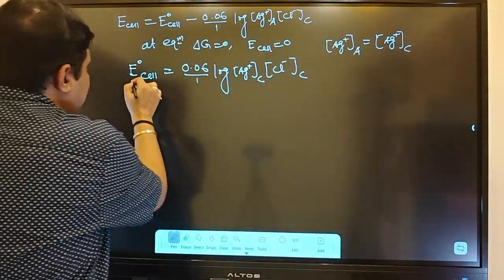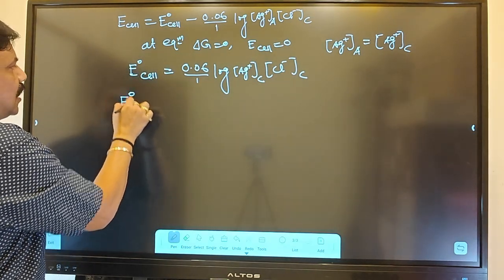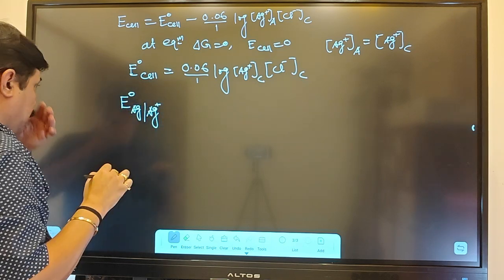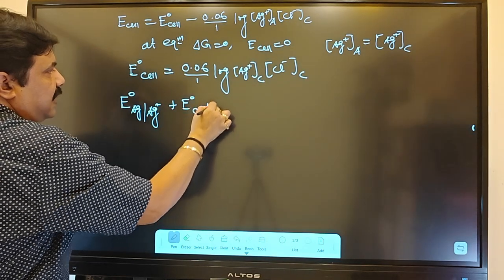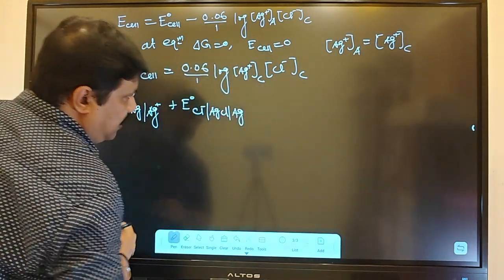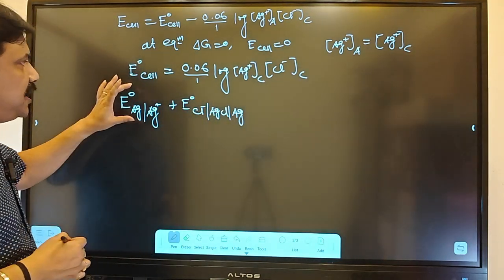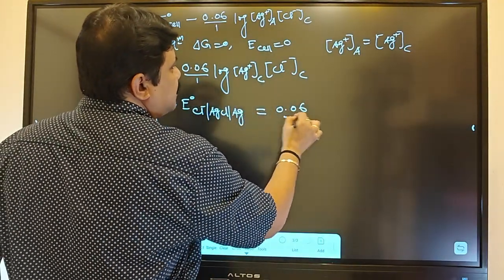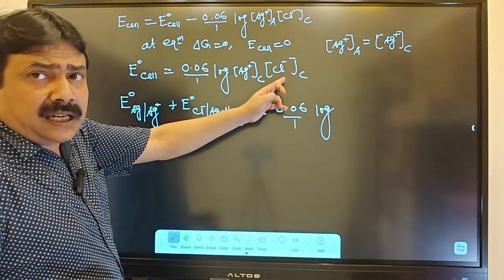Now look at E naught cell, which equals E naught of oxidation, where silver is converting to silver ion, plus E naught of Cl minus, AgCl and Ag. That means a soluble anion, an insoluble or sparingly soluble salt, and the metal acting as the cathode. So this is oxidation, this is reduction, and this equals 0.06 log of silver ion concentration times chloride ion concentration.